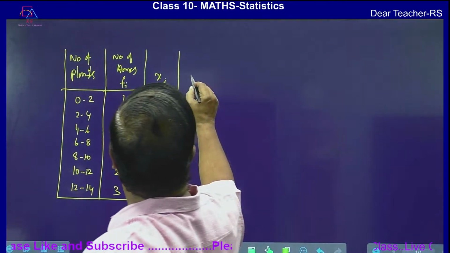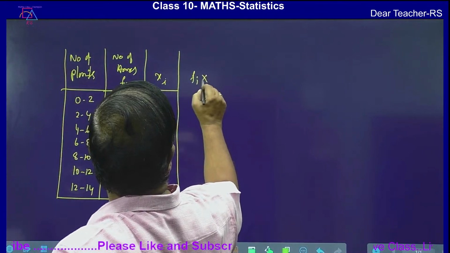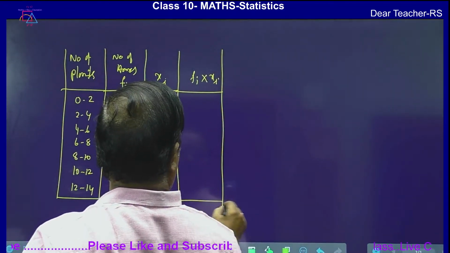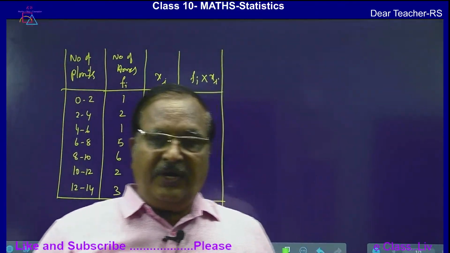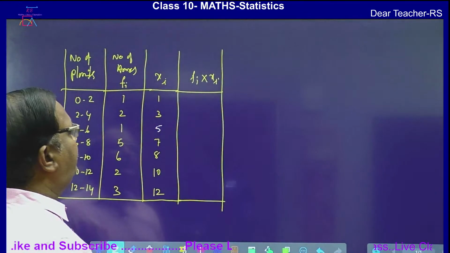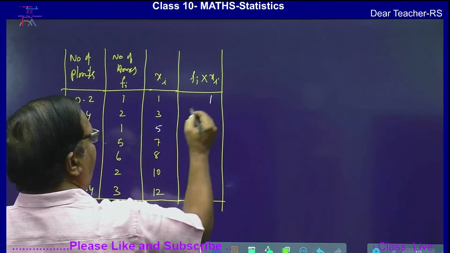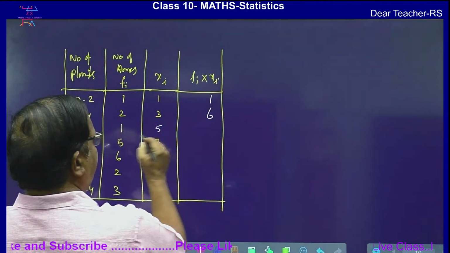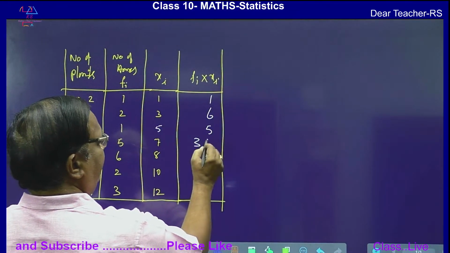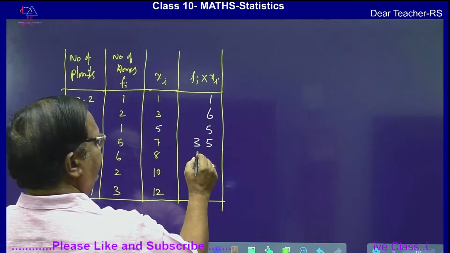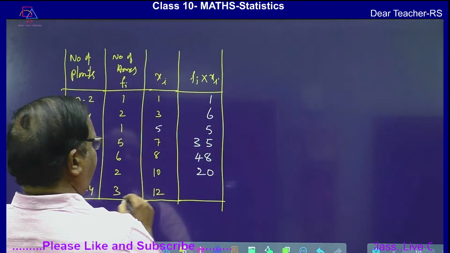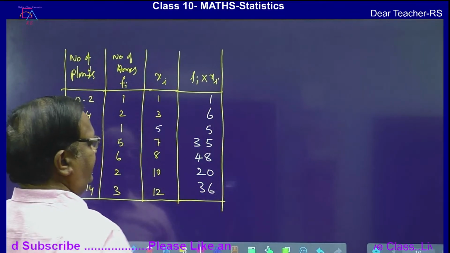Now the next column is fi into xi. You have to multiply the frequency and the mid value. So 1 into 1, 1; 2 into 3, 6; 1 into 5, 5; 5 into 7, 35; 6 into 8, 48; 2 into 10, 20; 3 into 12, 36.